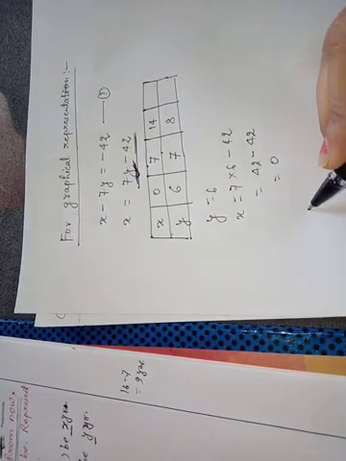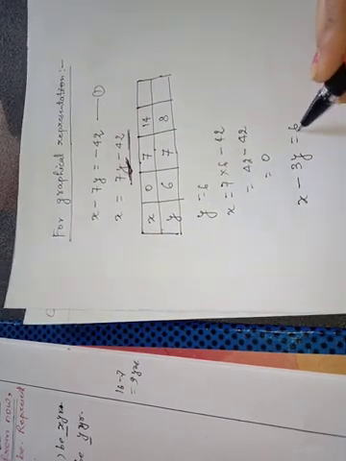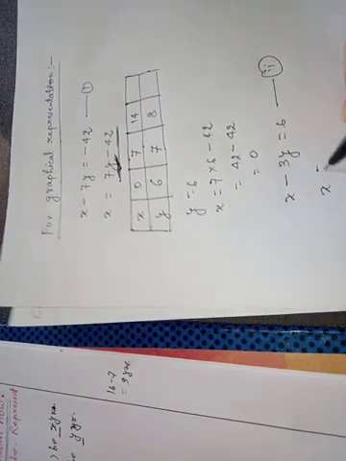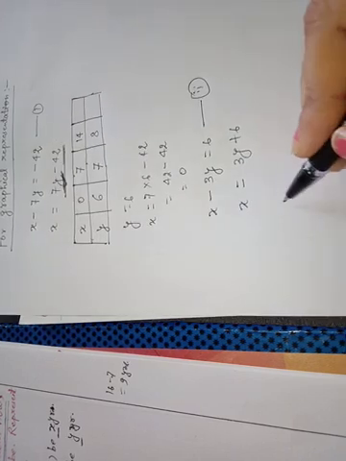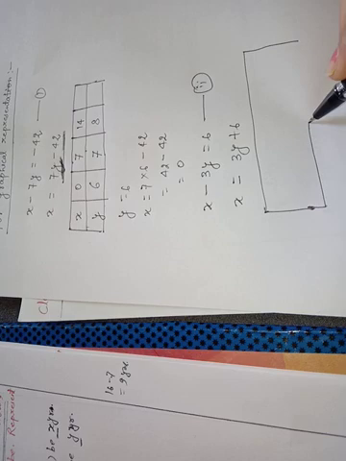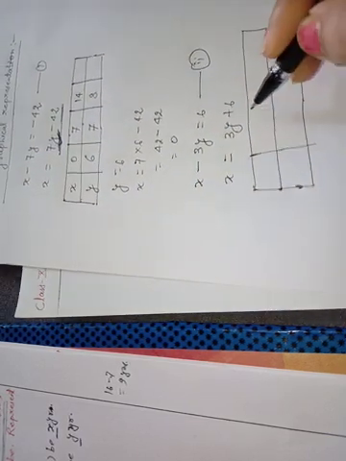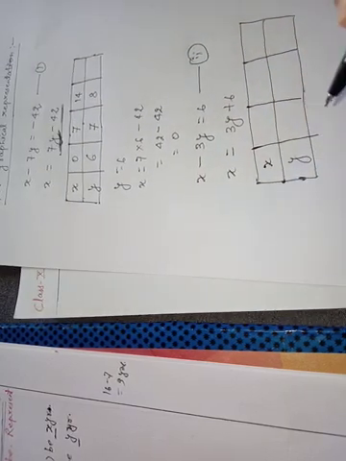Now equation number 2, x minus 3y equals 6. This is equation number 2. And here x equals 3y plus 6. By using the same method, we will find at least 2 or 3 points, x and y.